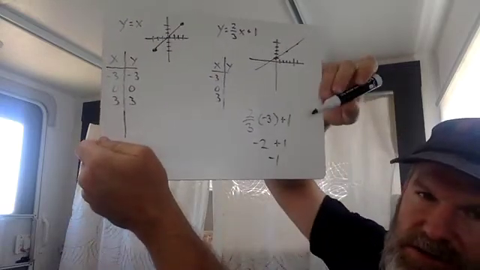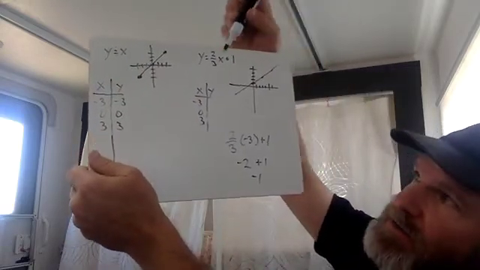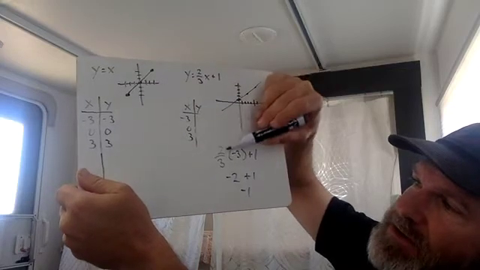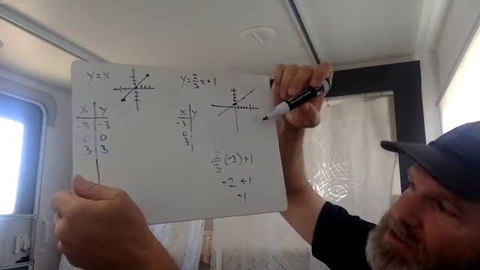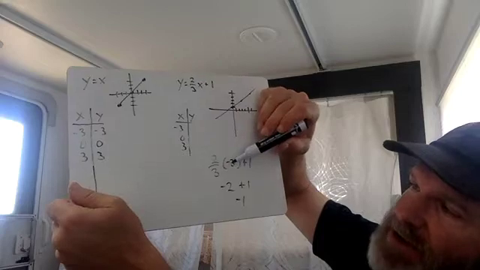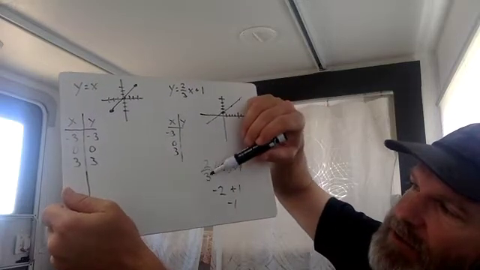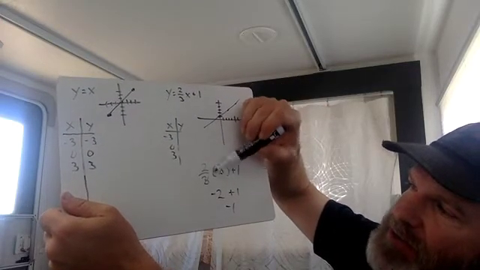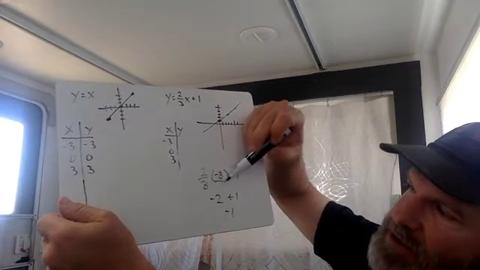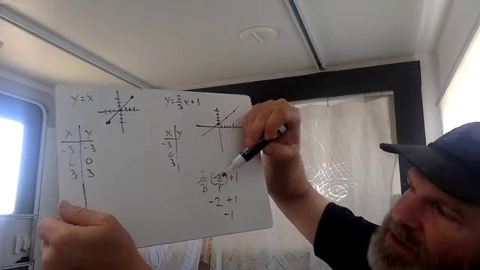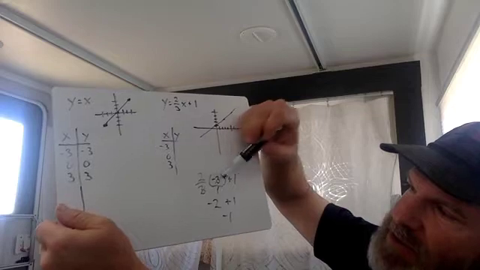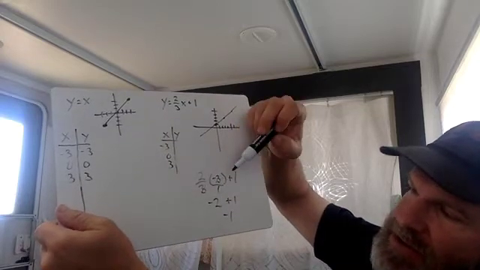So here's me showing you the work. Instead of 2/3 times x, it's 2/3 times -3 plus 1. 2/3 times -3 is -2. The 3's are going to cancel out, because remember, when you multiply a fraction times a whole number, it's over 1. So it's 2 times -3 and 3 times 1. That'd be -6/3, which reduces to -2.